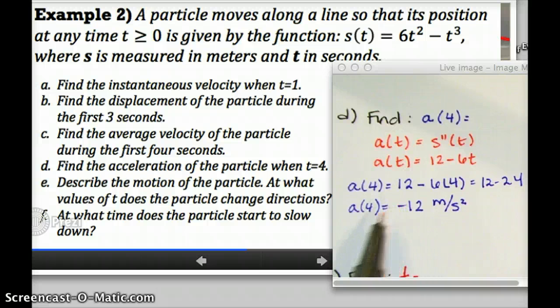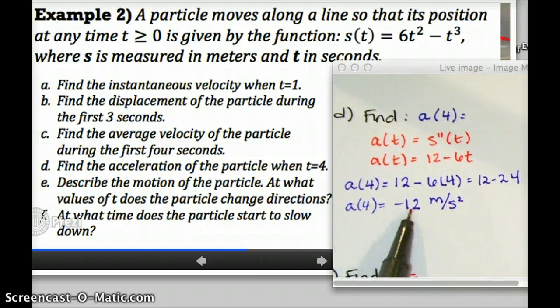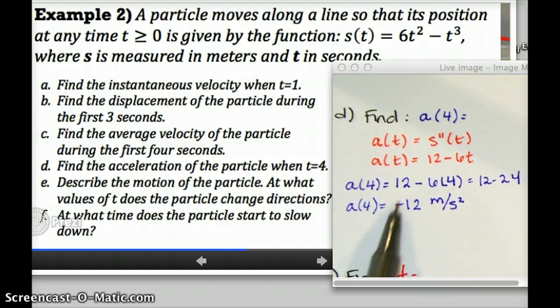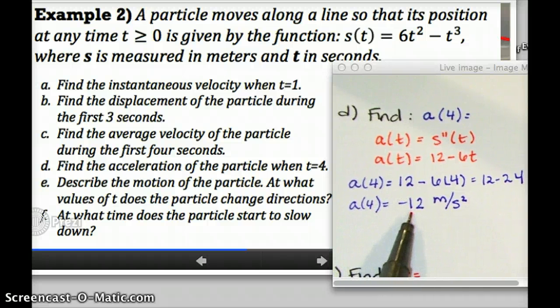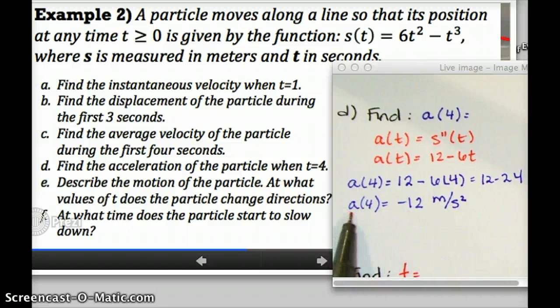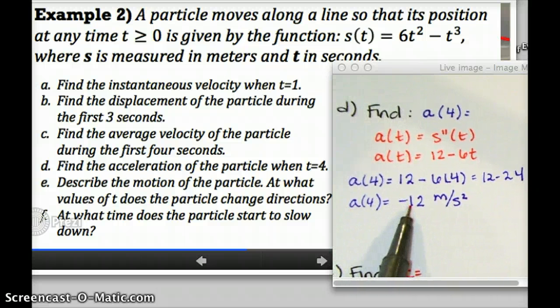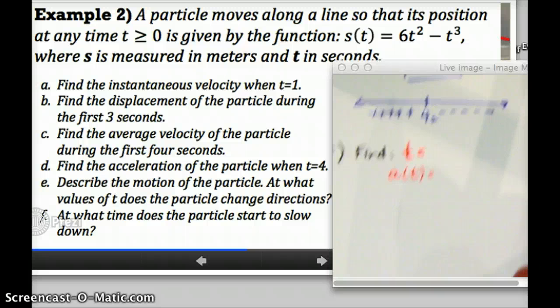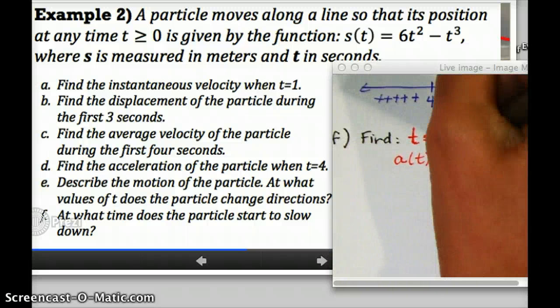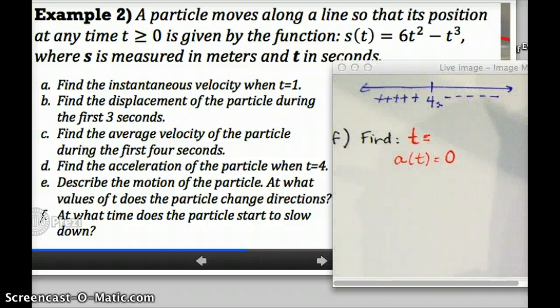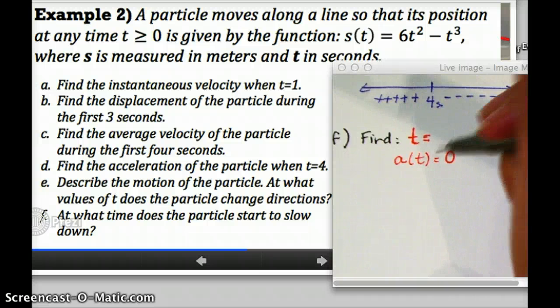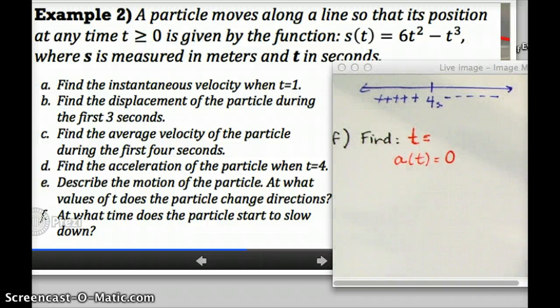And the second that it starts to slow down is the first time that the acceleration is negative. It's when it turns from positive to negative. So if we're trying to look for that point where the acceleration becomes a negative number for the first time, we really just want to solve for when the acceleration equals 0, because that's when it switches from positive to negative, which is when it starts to slow down.